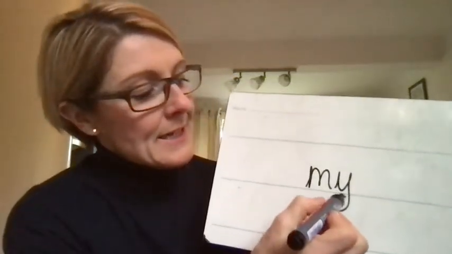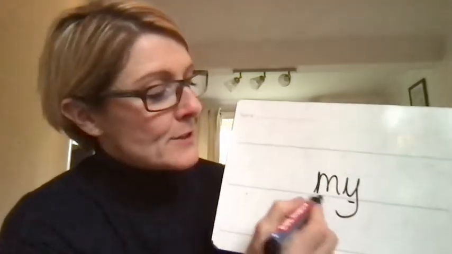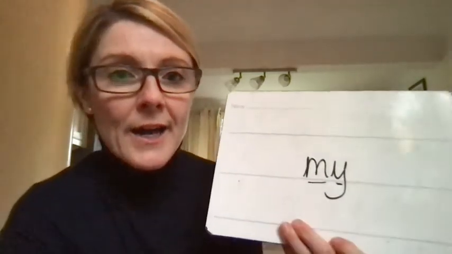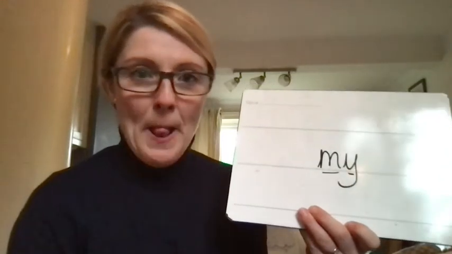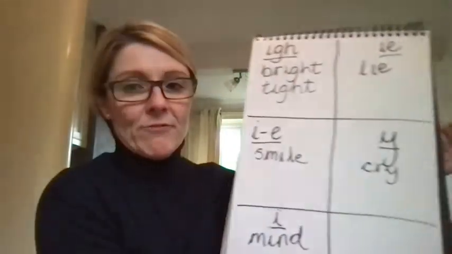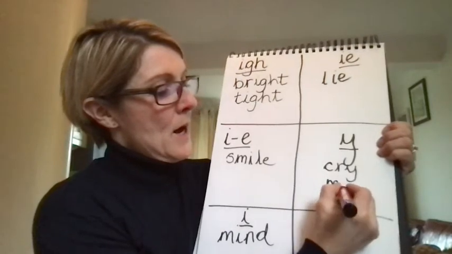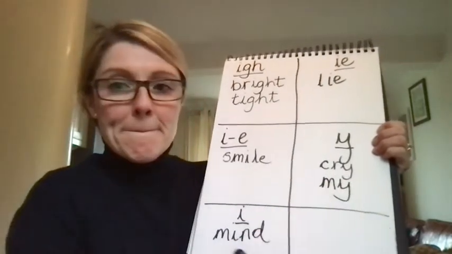Because this letter here in this word makes an I sound. So it's i. My. Can you find the spelling of I on your piece of paper and write it down? My. Good. Okay, let's do one more.